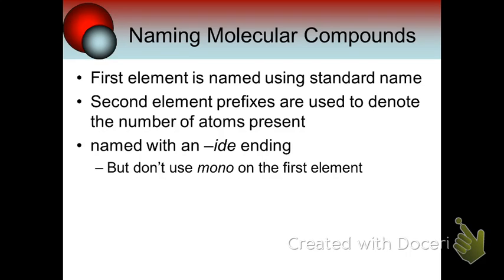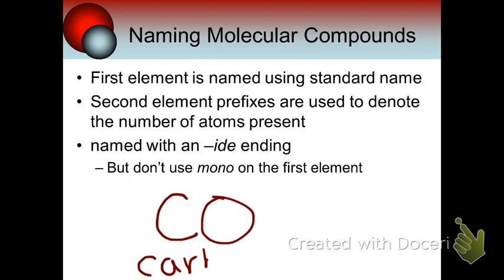So, one of the first interesting things is this one: don't use mono on the first element. I'm going to give you another example. Let's see if you guys can name this chemical. CO. What's the name of this chemical? Carbon monoxide. That's deadly.